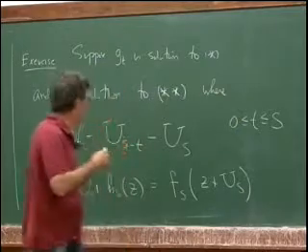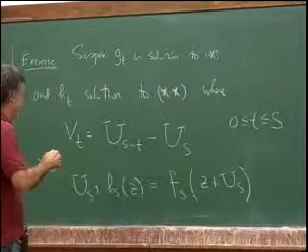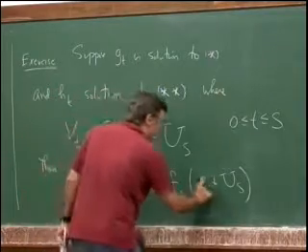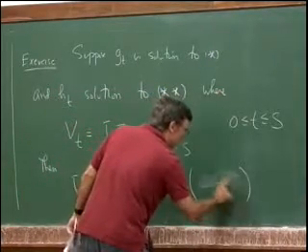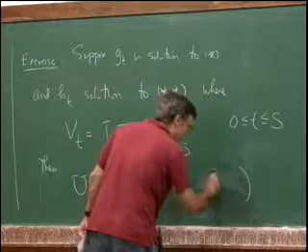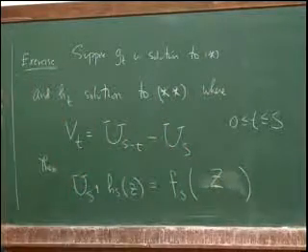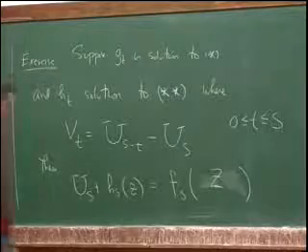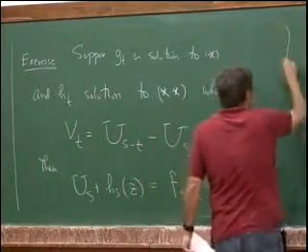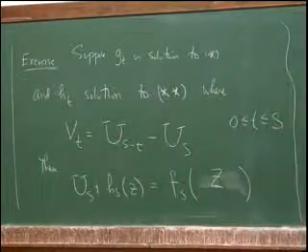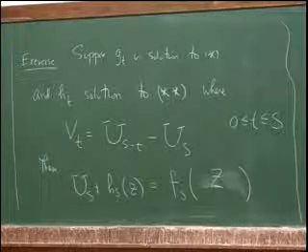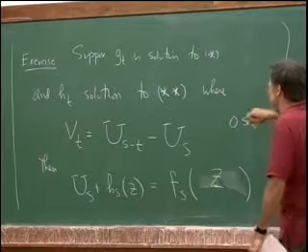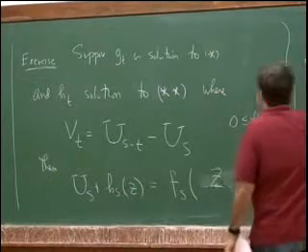Yeah. Oh, right. Sorry. f_s of z. Yeah, thank you. Now, this is deterministic, and I'm leaving this as an exercise.